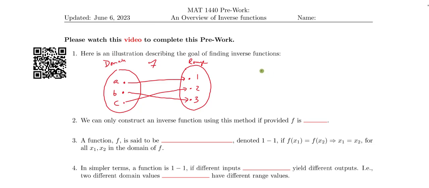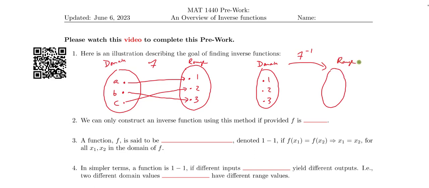Well, when we go to construct an inverse function, which we'll denote with f, we'll put a -1 in there, that's for inverse. It's going to take the range values from the previous function and treat them as if they were now domain values. And it's going to then map them to range values, which were the domain values of the original function. So it's going to map them to a, b, and c.